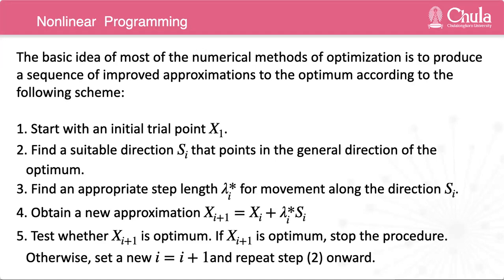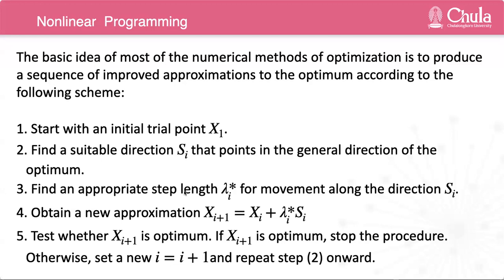Once you have the direction and you move along it for a certain length, you obtain a new point: x(i+1) is xi plus lambda i multiplied by si. Then you test whether x(i+1) is optimum. If that point is optimum, then stop the procedure. Otherwise, set i to i plus 1 and repeat step 2 onward.